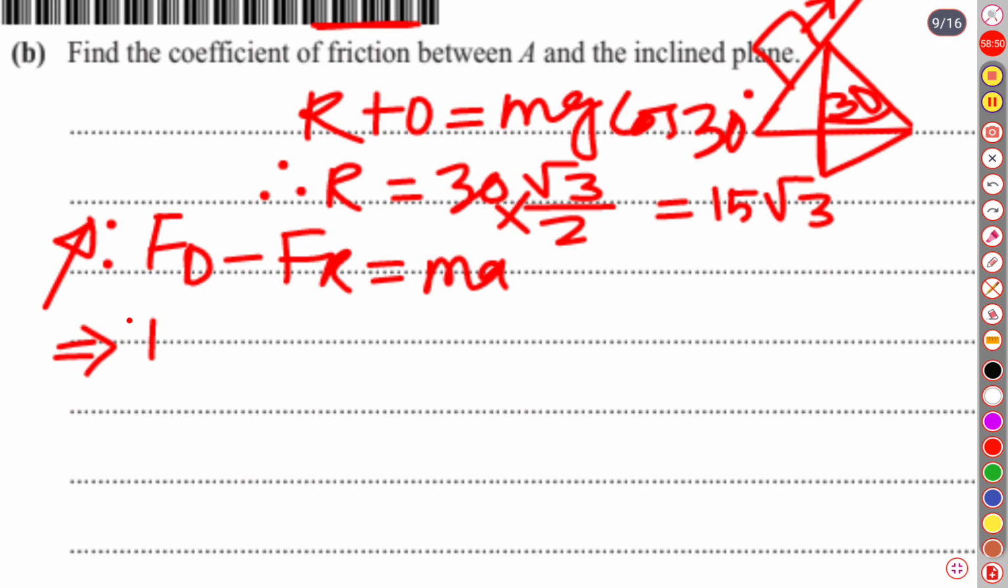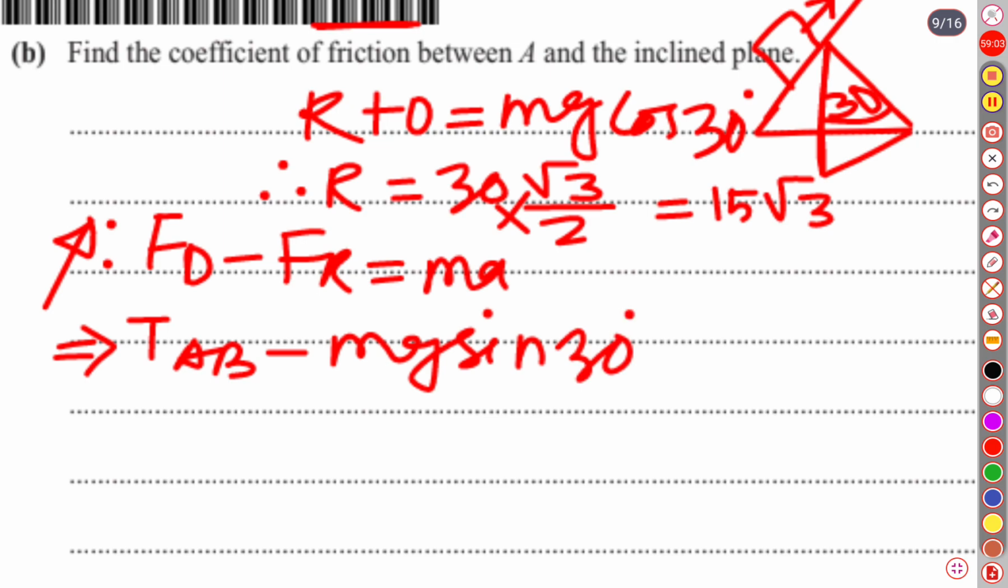Resistance to motion is the weight, mg sin 30, and there is another resistance to motion, the frictional force, mu R. This equals the mass of particle A, which was 3, times acceleration, which was 2.